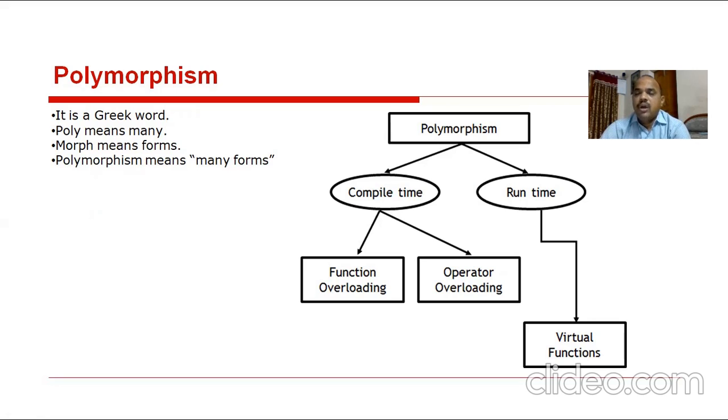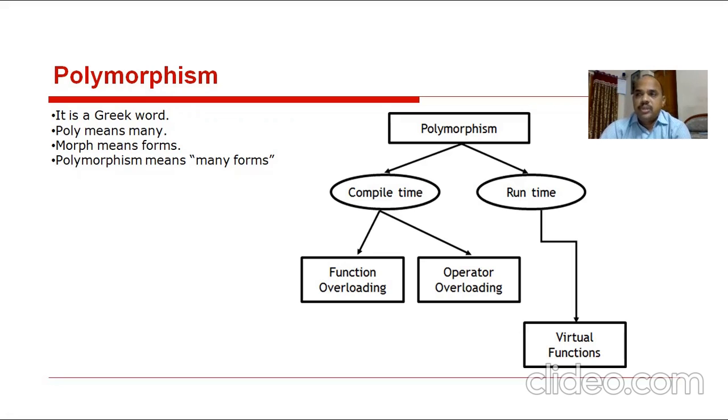So then in programming, polymorphism is the ability for objects of different classes related by inheritance to respond differently to the same function call.